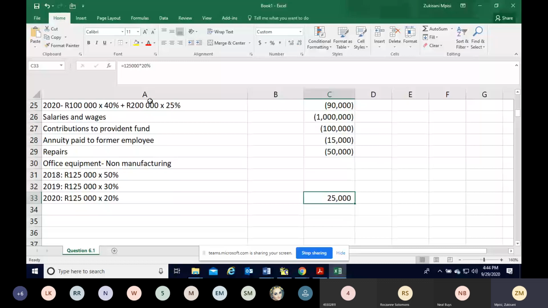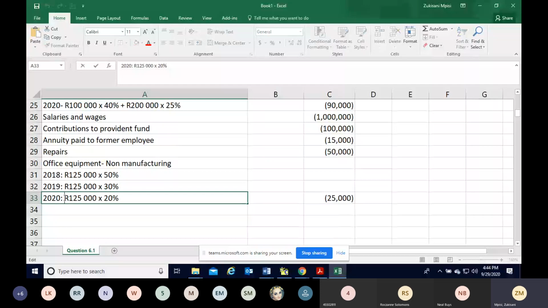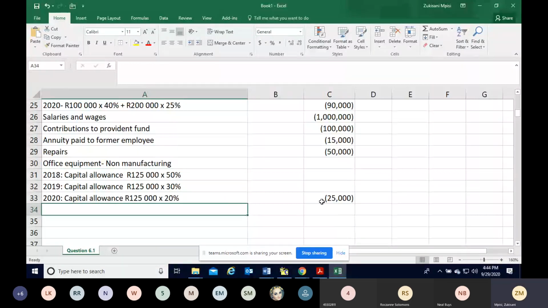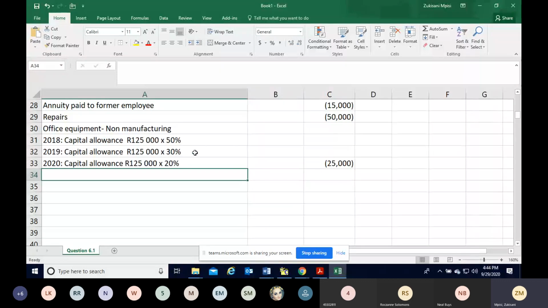And this 25,000 becomes a capital allowance for this year. So this is a capital allowance. There's no need for me to calculate the rest of the other years, but this was just to show you how 2020 features into this asset.